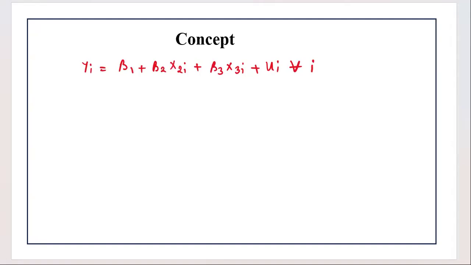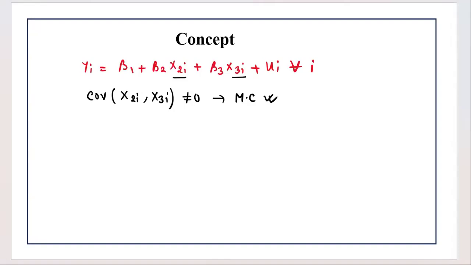Now, what is the concept of multicollinearity? If the explanatory variables that are present in your model are correlated with each other, in other words, covariance between x2i and x3i is not equal to 0, then we say that yes, multicollinearity is present in your model.